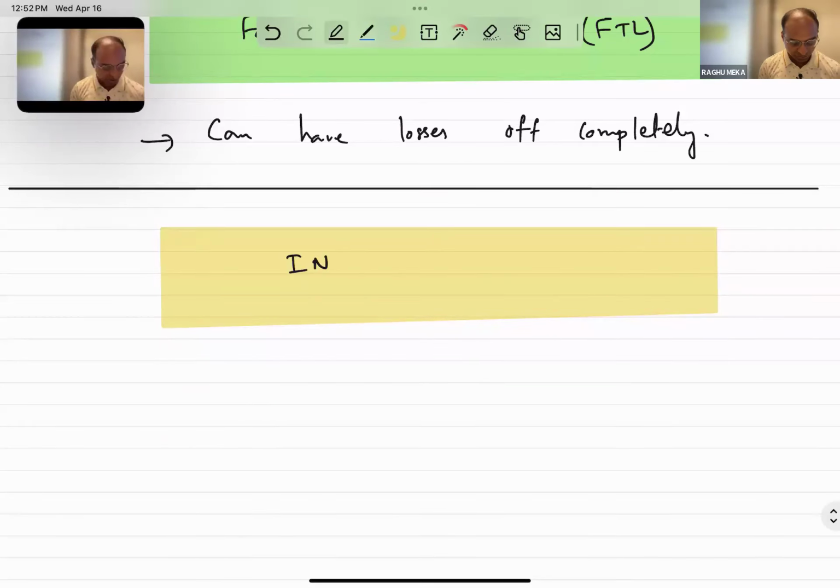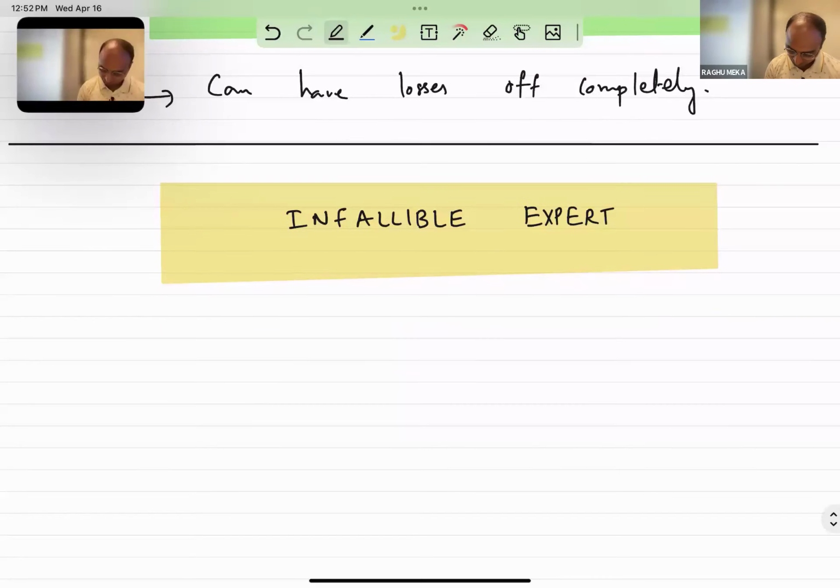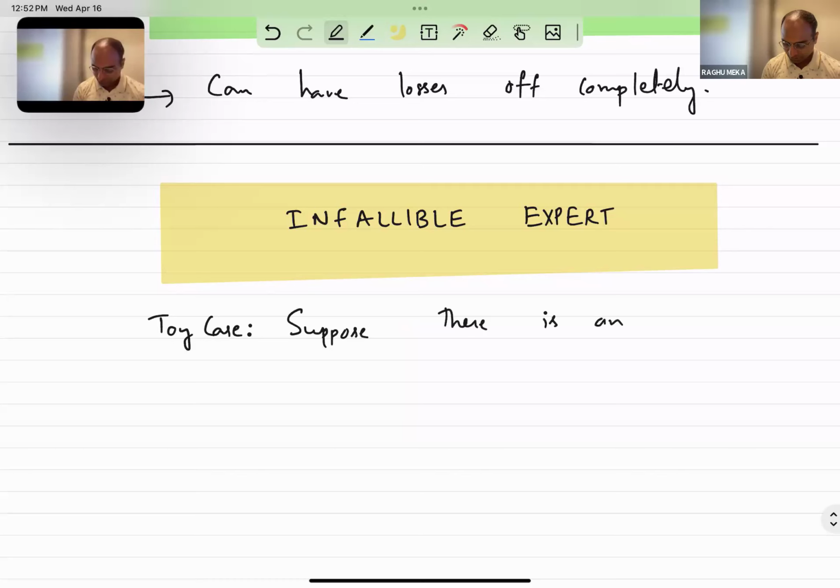So let's assume there is an infallible expert. Meaning, so this is sort of the toy case or elementary case where I'm going to assume that suppose there is an expert.